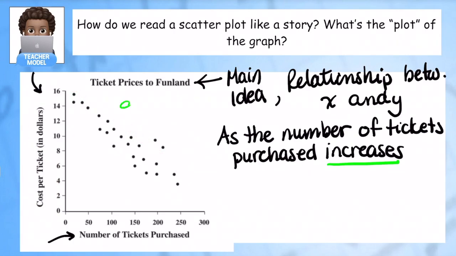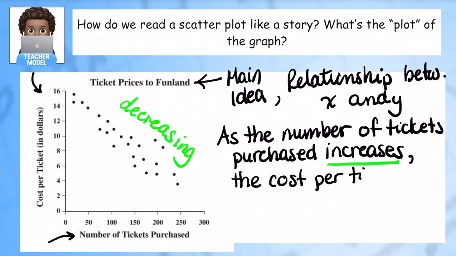So we see a trend here. So as one thing happens, the cost per ticket decreases. And just looking at the points, do you notice how our points are generally pretty linear?